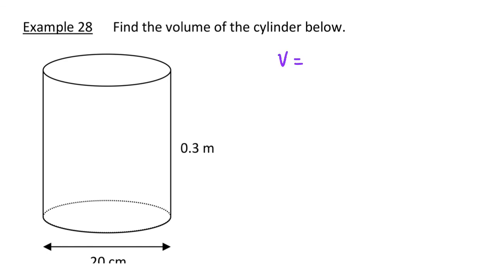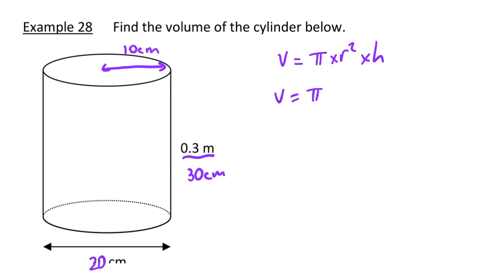So the volume is pi times r squared times h. What we can see is the width of the cylinder is 20 centimeters, which means the radius is going to be half of that, and that's 10 centimeters. The height of the cylinder is 0.3 meters, so we need to make sure that everything's in the same units, so this is going to be 30 centimeters.